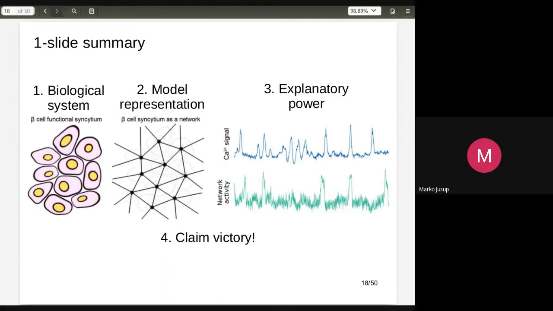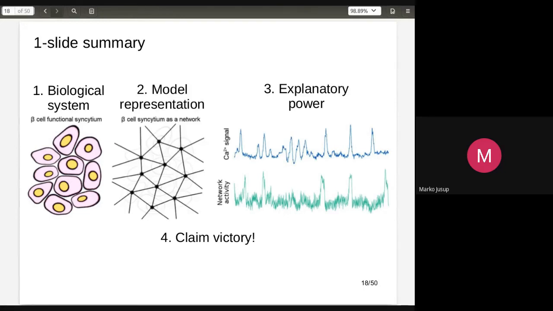I'll say just a little bit more about them in a moment, but then we go from this biological system to a model representation, where we say, okay, cells are connected somehow. They can exchange information somehow. We will represent this as a network where each cell will be a node, and if two cells can communicate with one another, then there is a link between them.